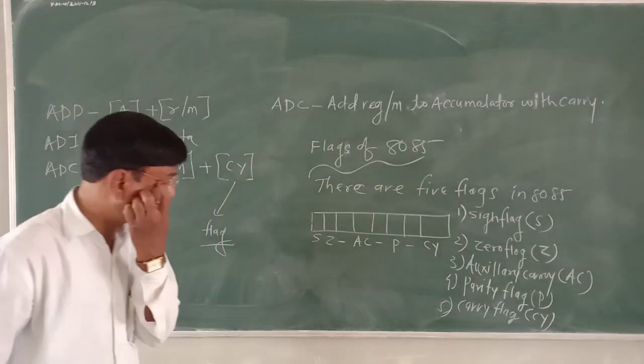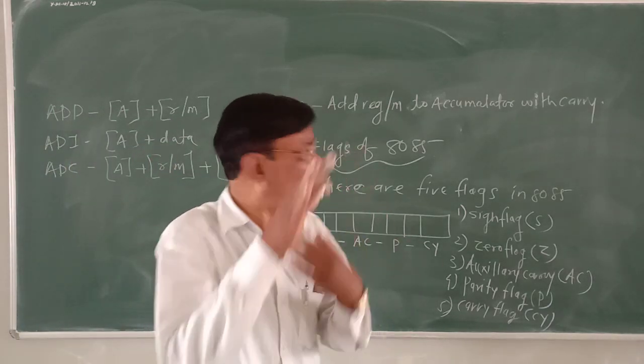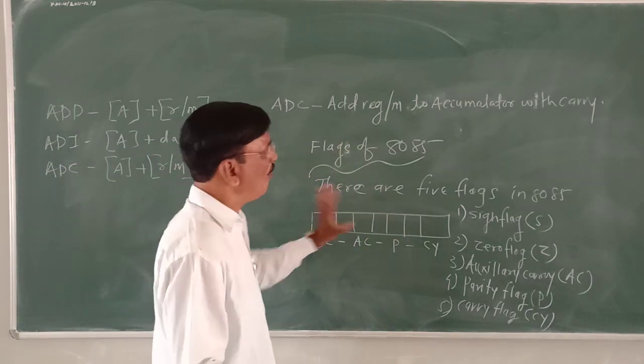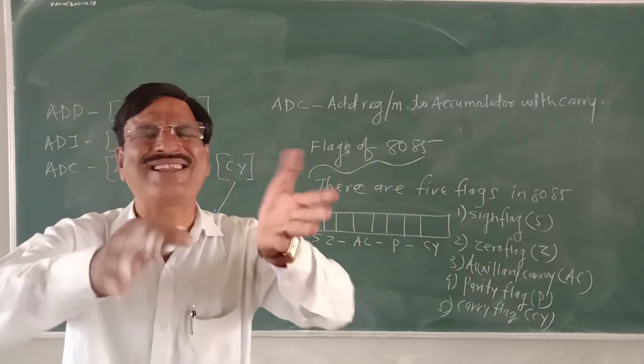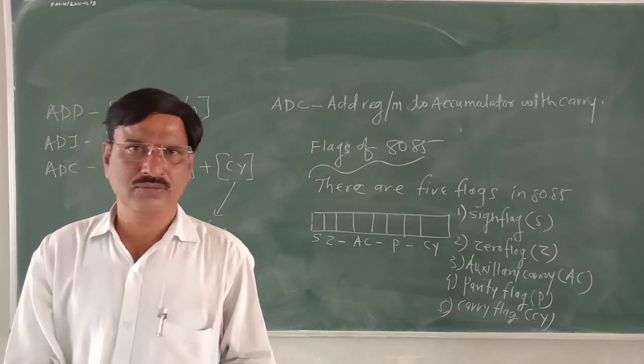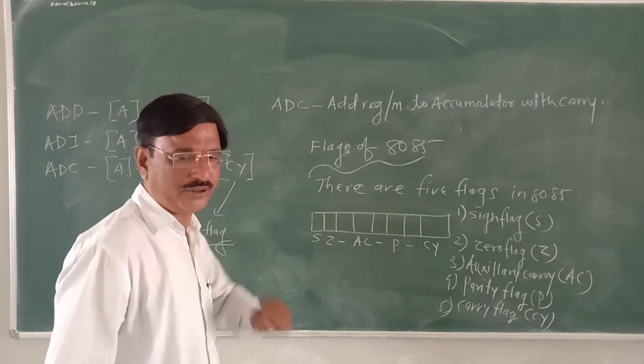So first we have seen what a flag is. Then the flags of 8085, how many flags there are and their names. Now the question arises, how are they set or reset? They are set or reset depending upon the nature of the result.